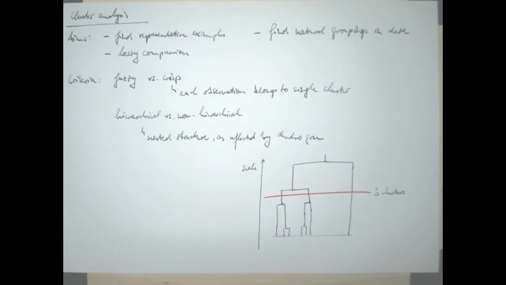Now there is a host of papers on what are good measures, what are good criteria. I will present just a single one as an example of how to obtain such a hierarchical crisp clustering.